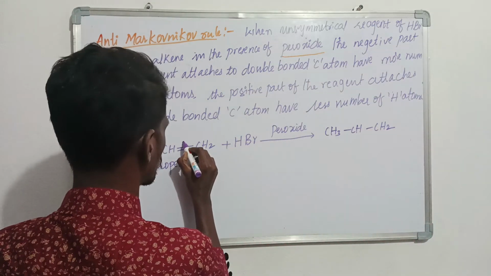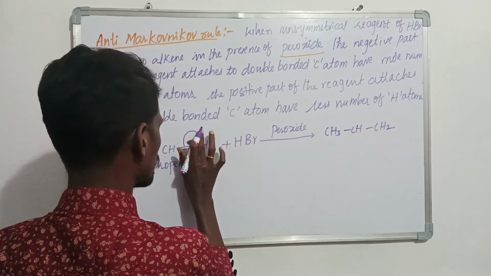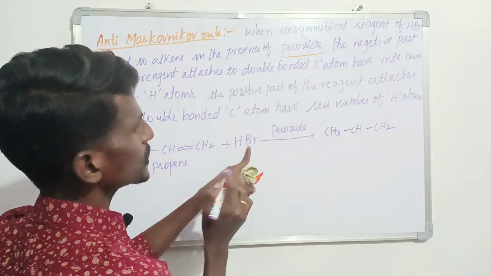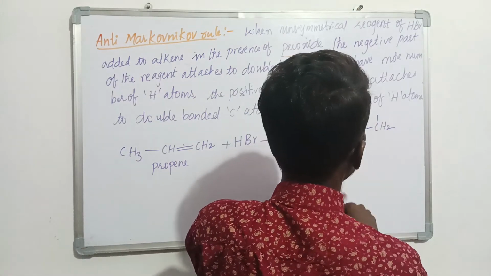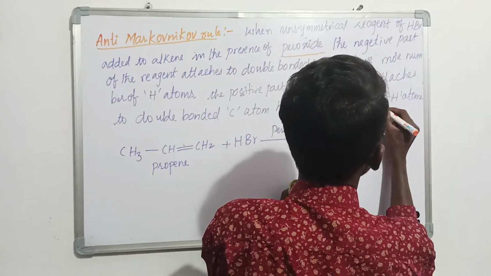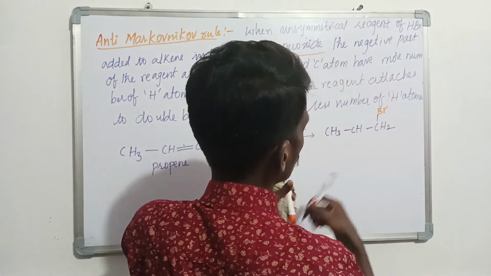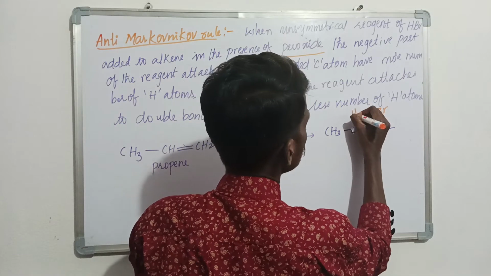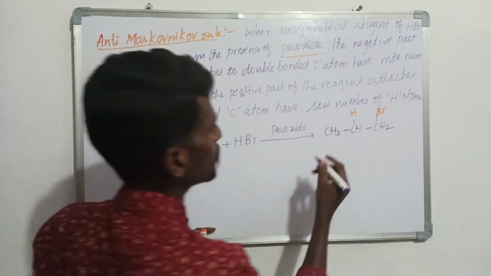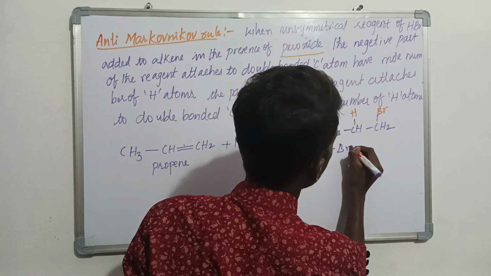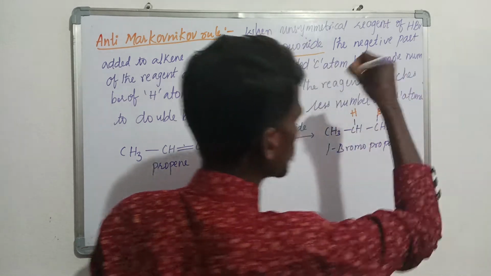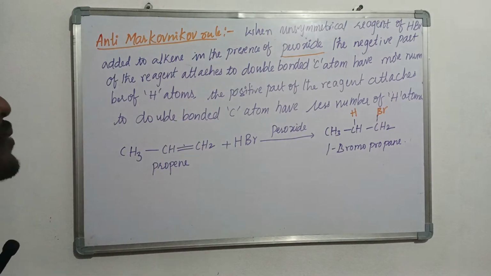When the bond is shifted, the negative part of the reagent will be added to the carbon having more number of hydrogen atoms, and the positive part of the reagent will be added to the carbon having less number of hydrogen atoms. It will form 1-bromo propane.